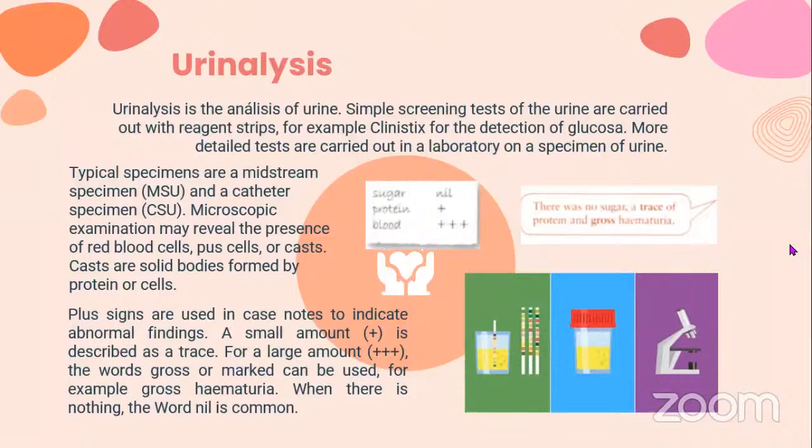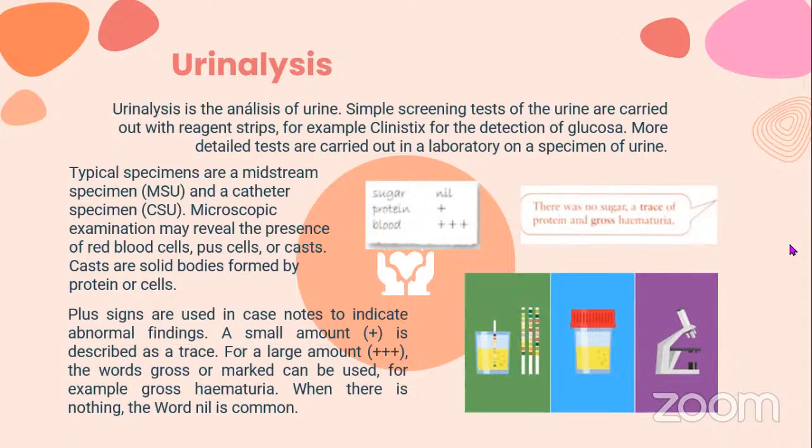Urinalysis is the analysis of urine. Simple screening tests of the urine are carried out with reagent strips, for example, Clinistix, for the detection of glucose. More detailed tests are carried out in a laboratory on a specimen of urine.